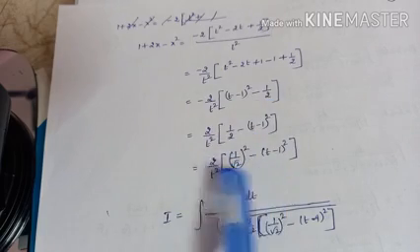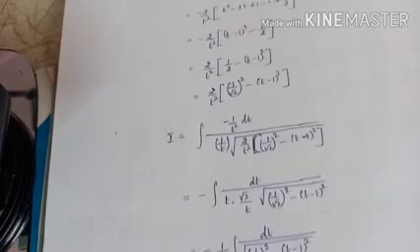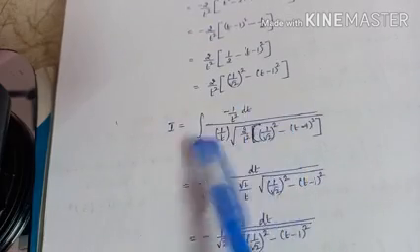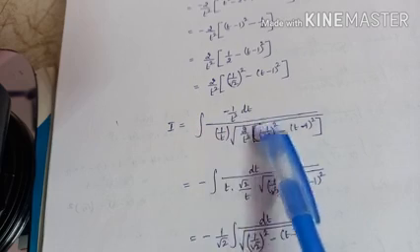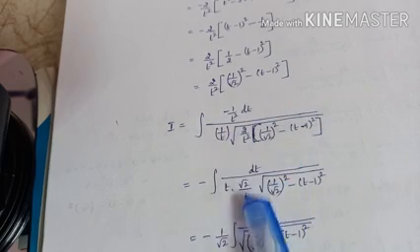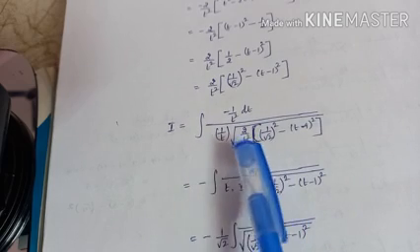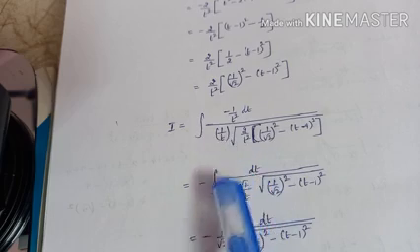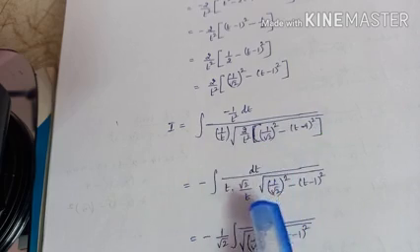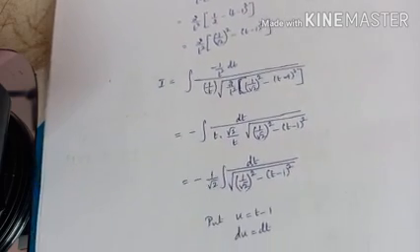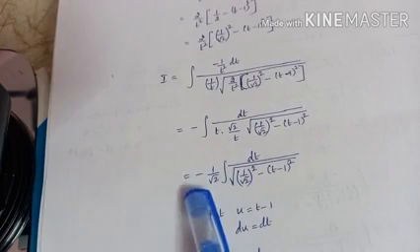This is a difference of two perfect square terms. So I have substituted all the values in the given integral and simplified. I have taken root of 2 by t outside, root t square is t, and the rest of the terms stay inside the square root. Take the constant term outside.